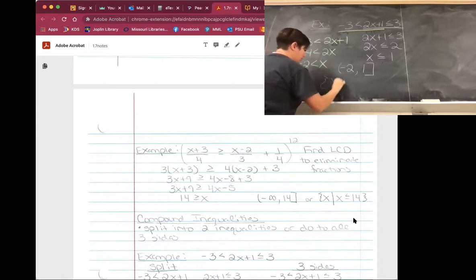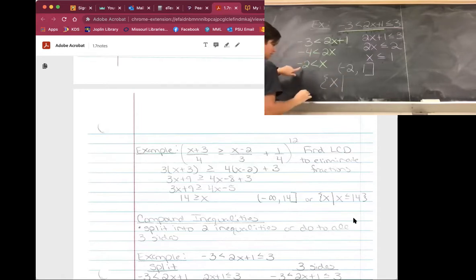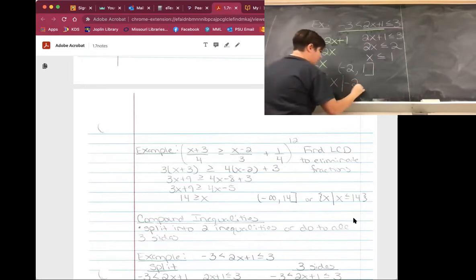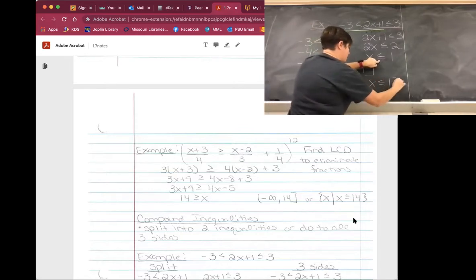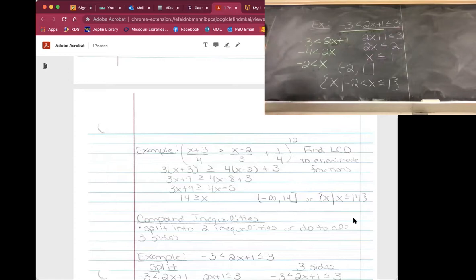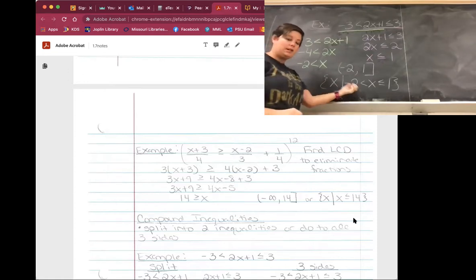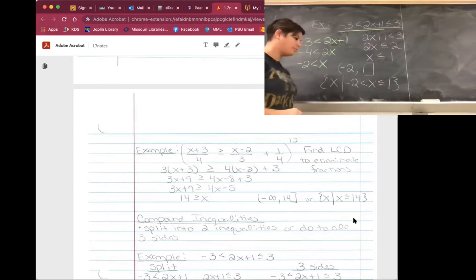Our set builder would be x such that, we'll start with your low end, -2 is less than x, but x is less than or equal to 1. And that's how you combine those back together to make this one inequality to put inside of our set builder.